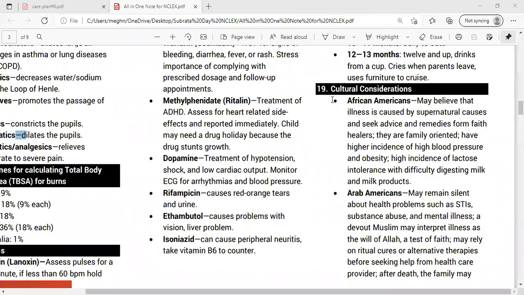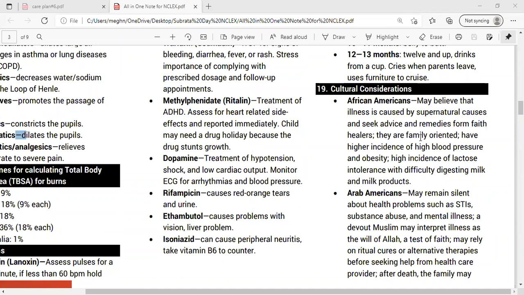So in case of cultural considerations, we can see that African Americans may believe that illness is caused by supernatural causes, and always look for advice and remedies from faith and healers.